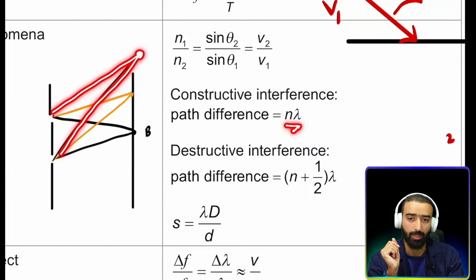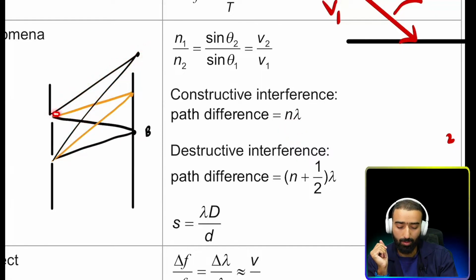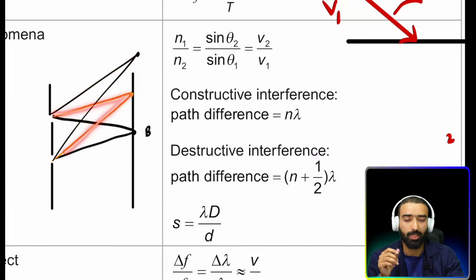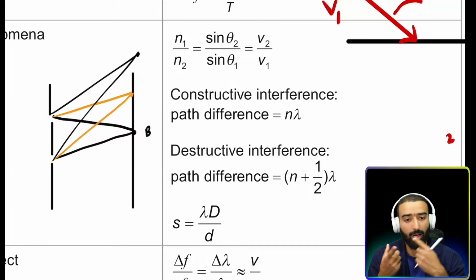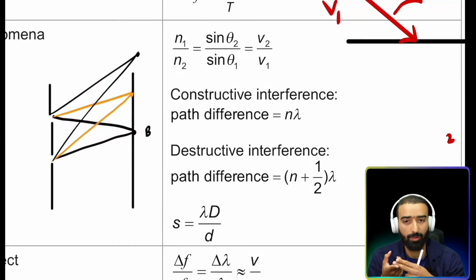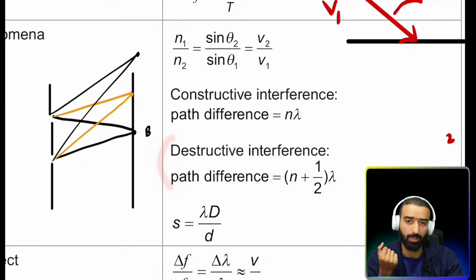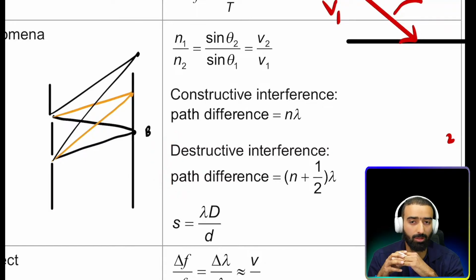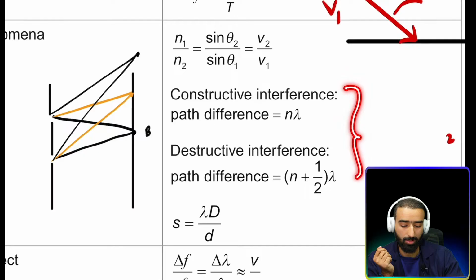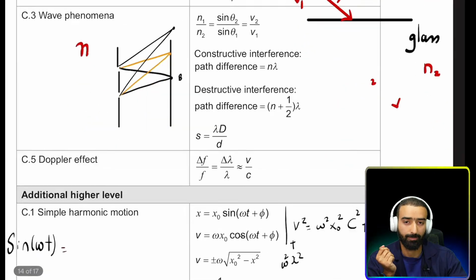And whenever the two light rays meet such that the path difference is half a lambda, 3 half lambda, 5 half lambda, you're going to get destructive interference. That means you're going to get a dark spot. That's what these two equations mean.